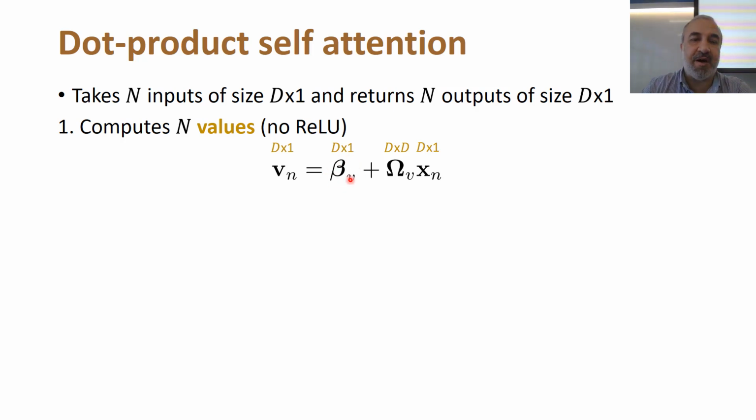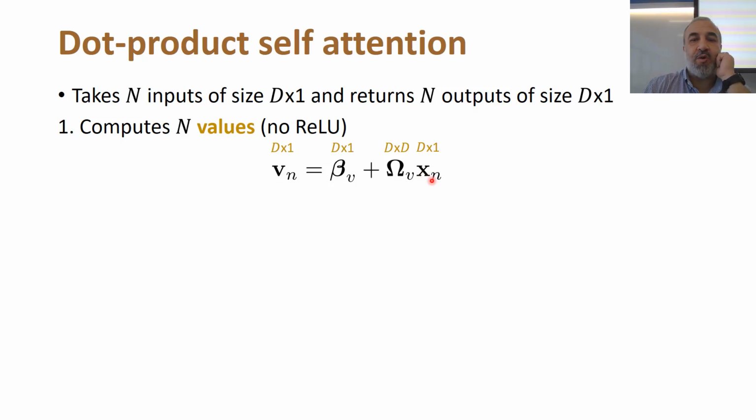a vector of biases, and by doing this operation over one input vector, we will get one value vector. Here n represents a specific word, you can think of it that way. So x_n is the embedding vector for the word number n.